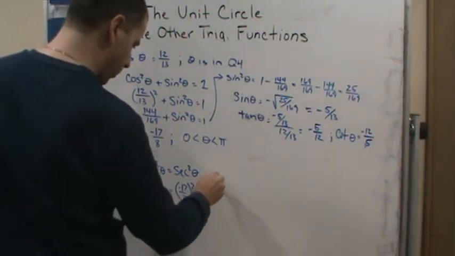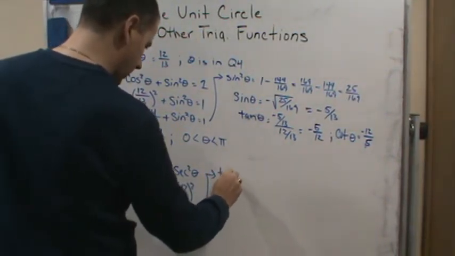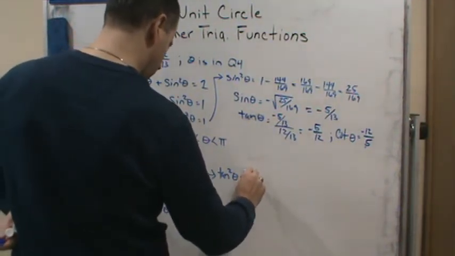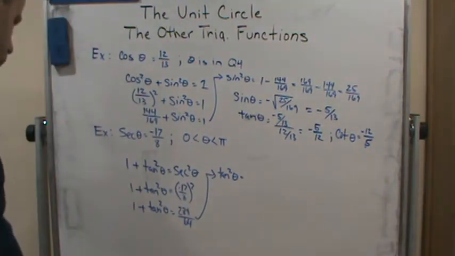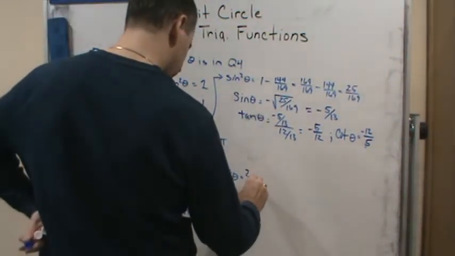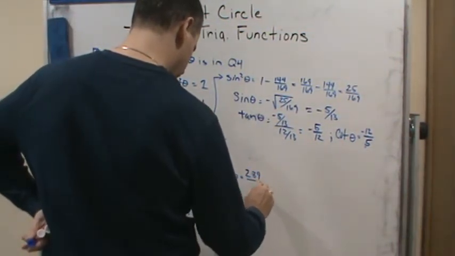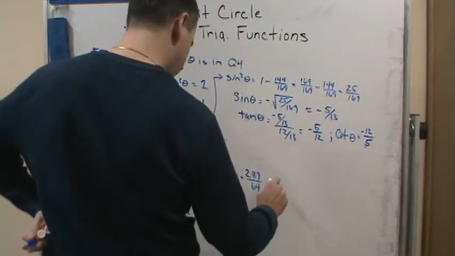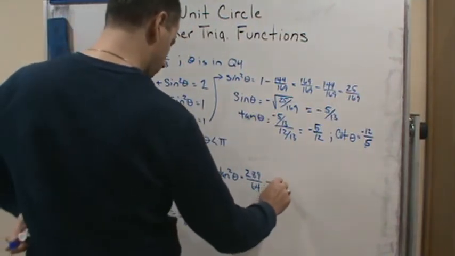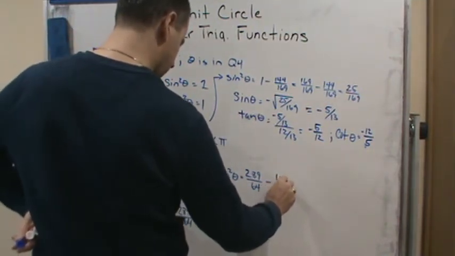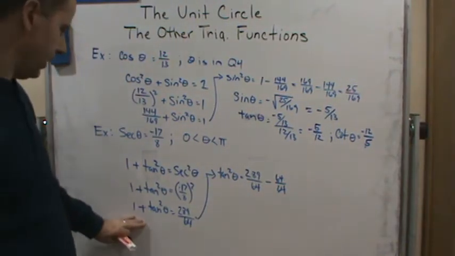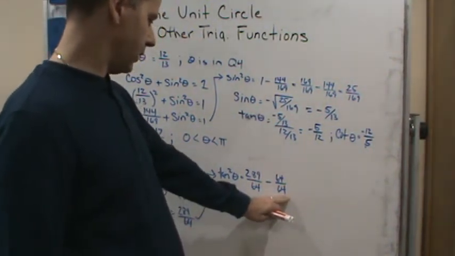And so that's going to give me tangent squared theta is equal to 289 over 64 minus 1, which is going to be 64 over 64. Right? So I just subtracted 1 from both sides, and I rewrote 1 as 64/64.